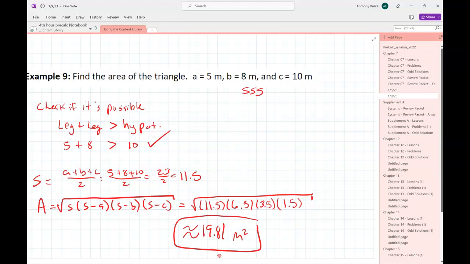How would I get the 11.5? 23 divided by 2. No. S is the semi-perimeter. It's A plus B plus C divided by 2. Semi meaning half. So half the perimeter is A plus B plus C divided by 2.